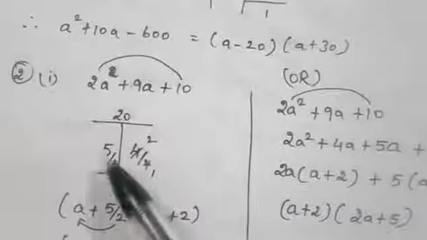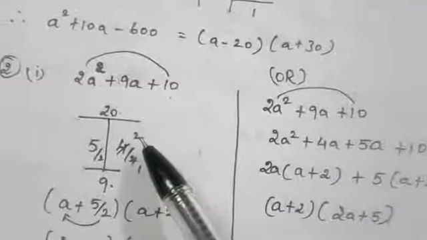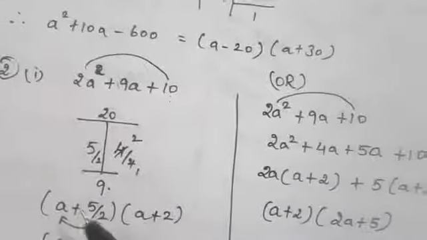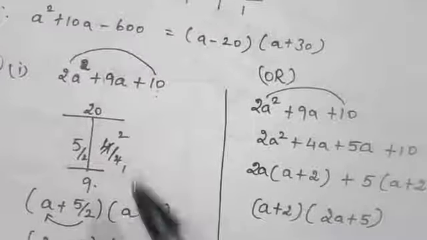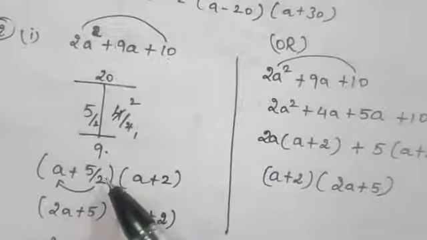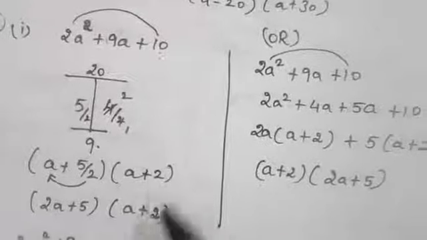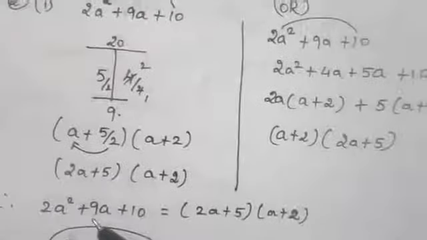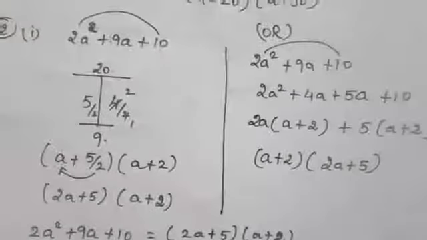For 4 by 2, cancelling is possible: 2 twos are 4. Then we write a plus 5 by 2 into a plus 2. After that, the 2 is multiplied with a. So that is 2a plus 5 into a plus 2. So the factorization of 2a square plus 9a plus 10 is 2a plus 5 into a plus 2.